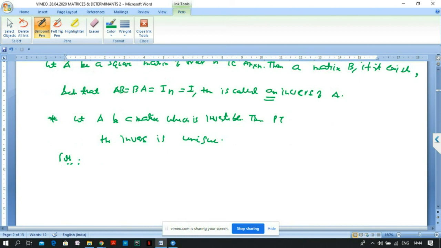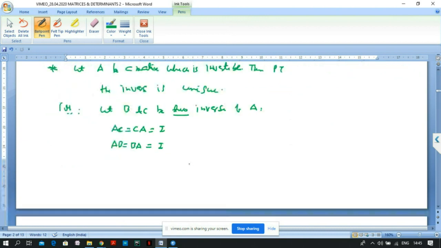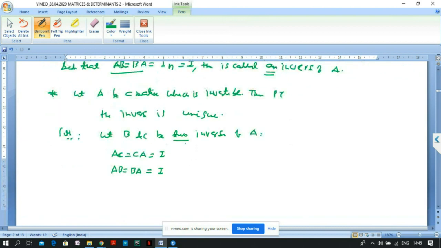Normally, uniqueness we prove like this: let B and C be two inverses of A. What does that mean? By definition, AC equals CA equals I, because C is an inverse of A, and also B is an inverse, so AB equals BA equals I. So these two are inverses, B and C. Our goal is to show that in fact B equals C. So we started by definition, nothing more.